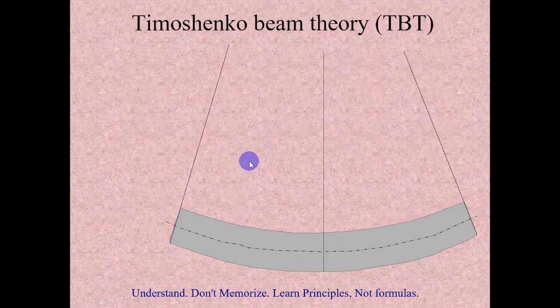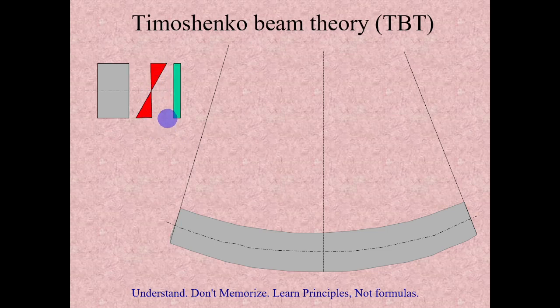In Timoshenko beam theory, the assumption that the cross section is plane before bending and remains plane after bending is valid, but it considers not only the deformation due to flexure, it also considers the uniform deformation throughout the section due to shear. Because of this, the other assumption, that the plane is always perpendicular to the neutral axis, is not valid here.